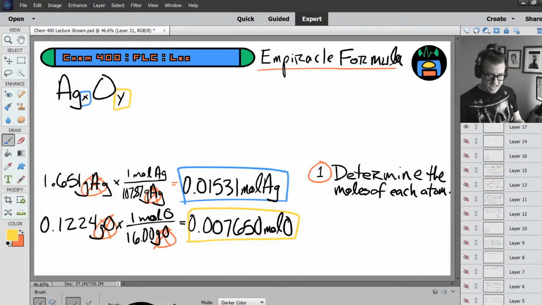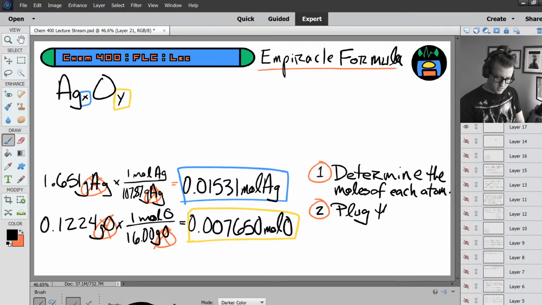So once you have determined the moles of each atom, you want to plug the moles into the chemical formula.